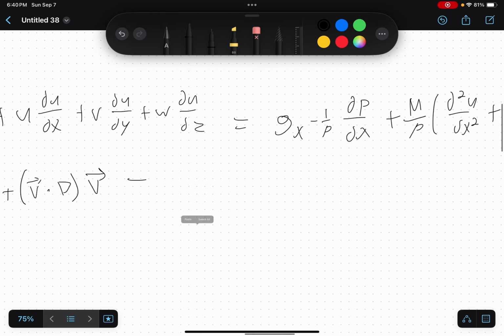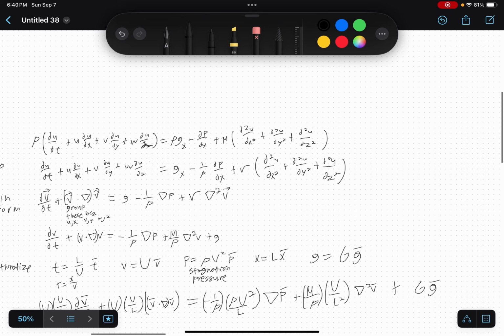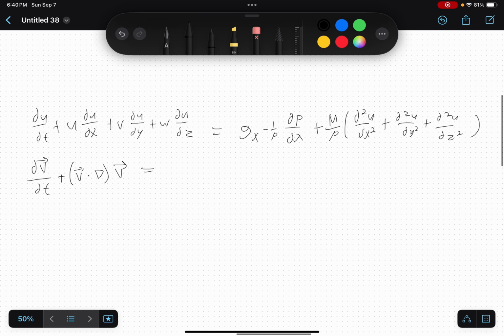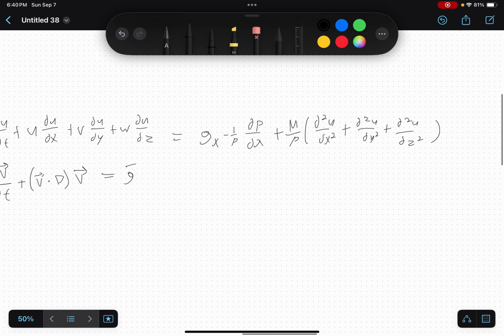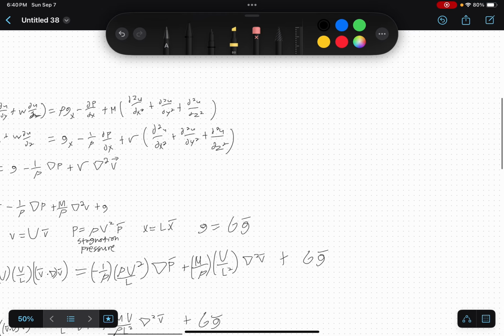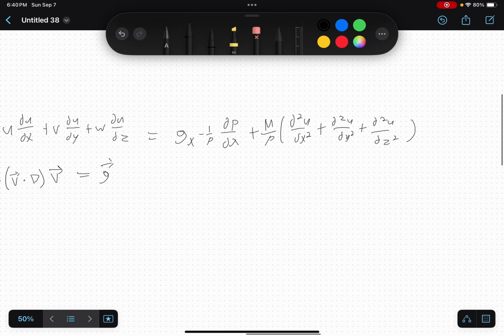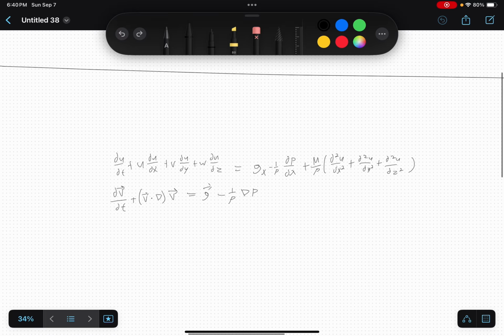Now onto the right side. We have gravity as a vector. Grad p, because up here we have dp dx, and in the y we have dp dy, and then in the z we have dp dz.